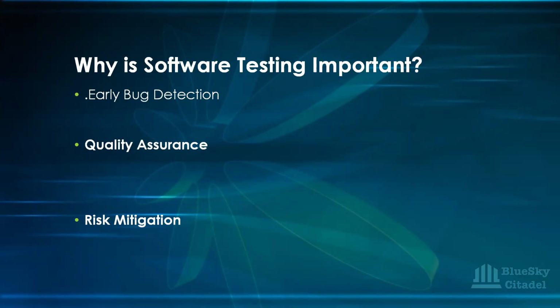Because by catching the bugs early in the development cycle before it's deployed, we can minimize the financial impact of later fixes. It can accelerate development timelines and help deliver a higher quality product.